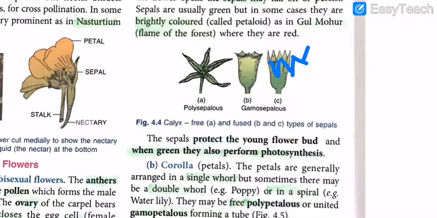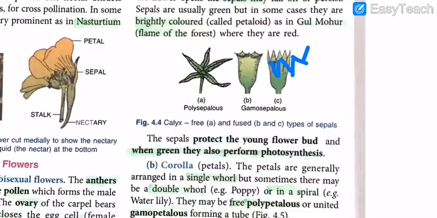Now when the flower opens, the sepals may fall off or persist, and the sepals are usually green, but in some cases they are brightly colored, called petaloid, that we saw above, right? As in the gulmohar, the flame of the forest, where they are red. Okay, this is just an example. Why may the sepals fall off?